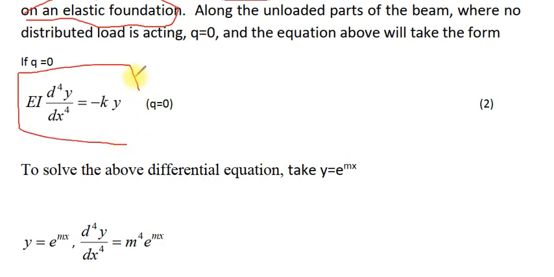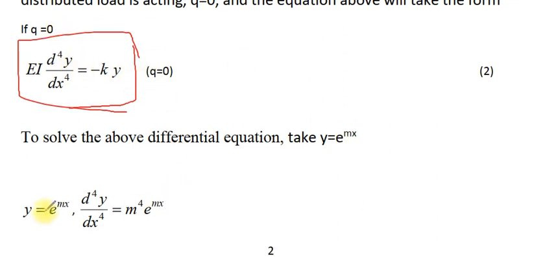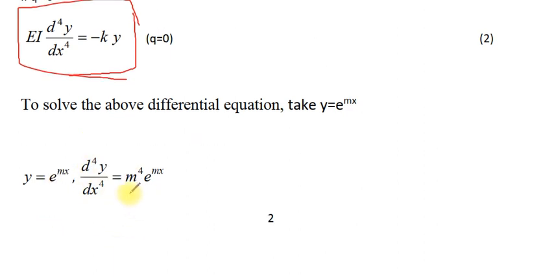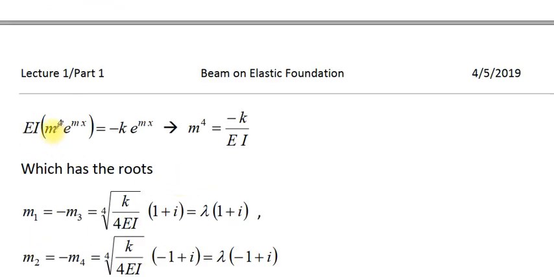This equation can be solved by the following procedure. Take y equal to e to the power mx. Now replace y with e to the mx in this equation. The fourth derivative will be m to the power 4 multiplied by e to the mx. You will get EI m to the power 4 e to the mx equal to minus k e to the mx.